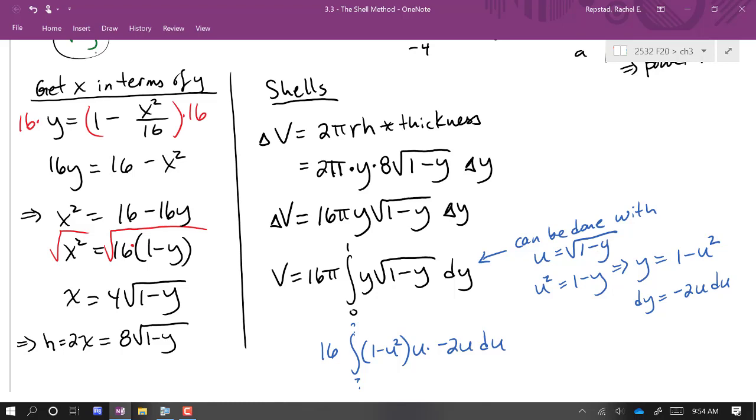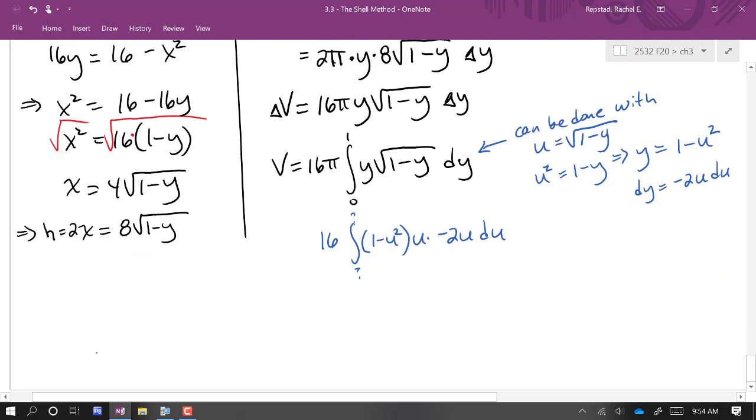And occasionally, one technique will lead to an integral you know how to do, and the other one will lead to one that you don't know how to do. So it is valuable to have both of these techniques available to us. Now, we're not going to actually evaluate these integrals.